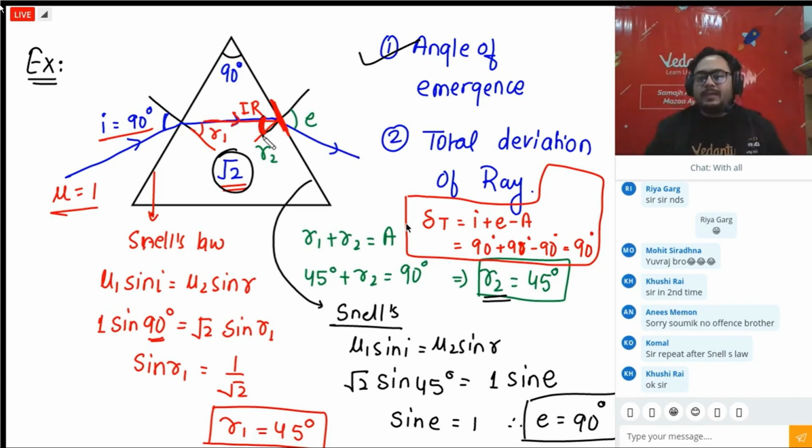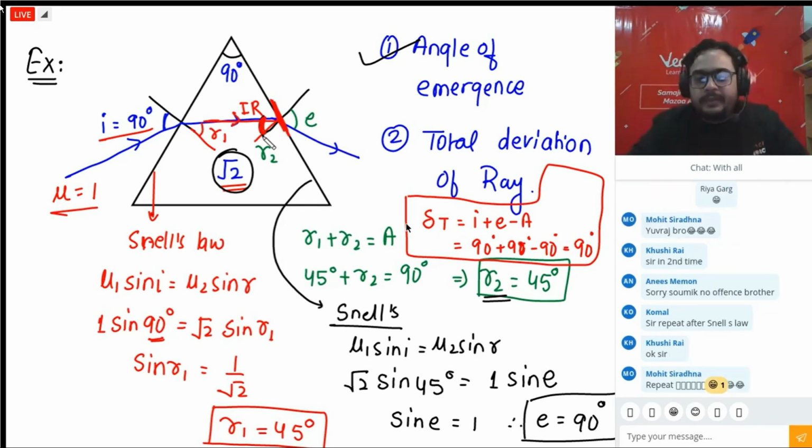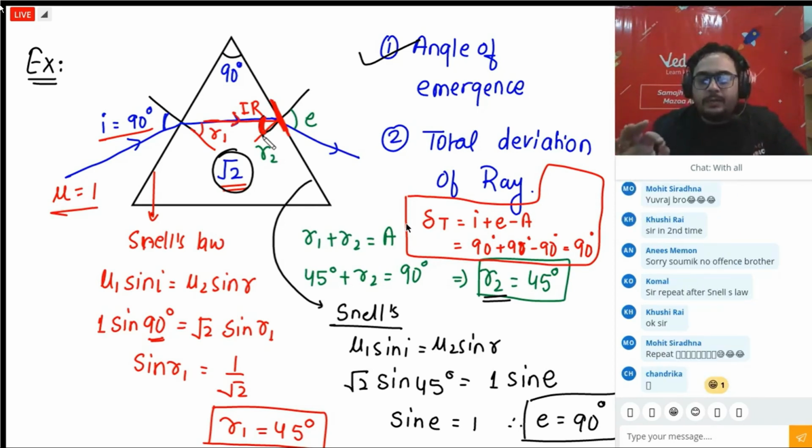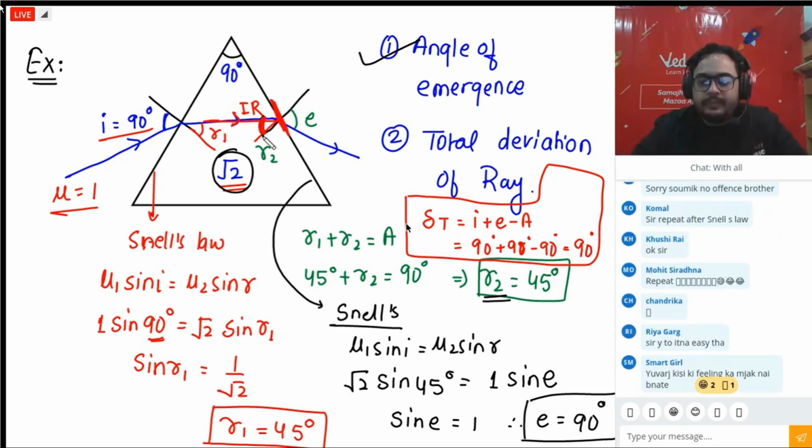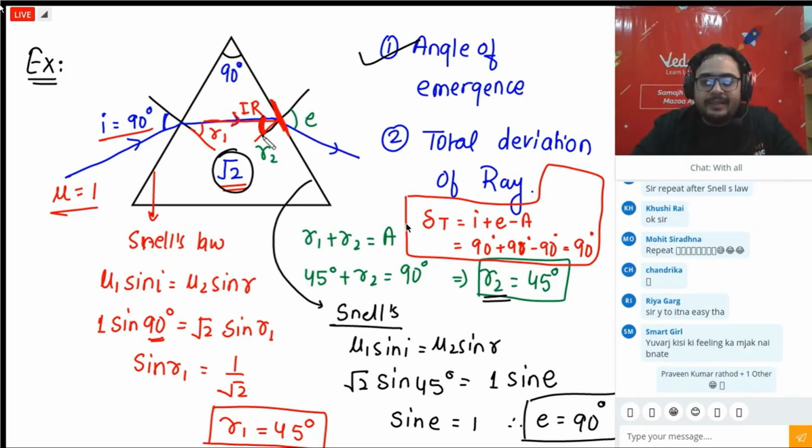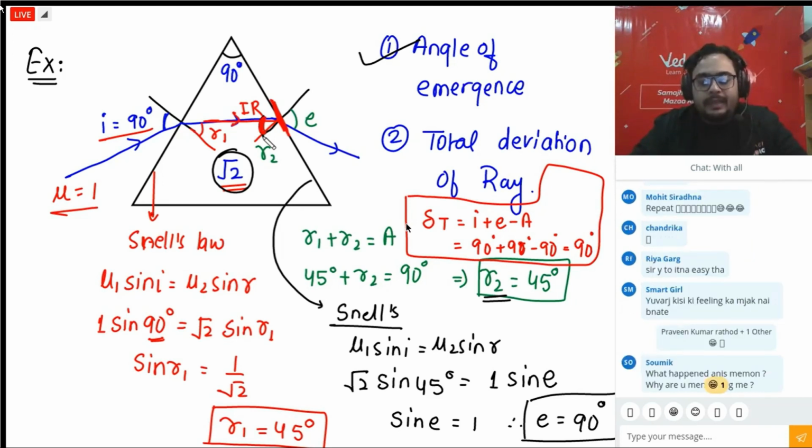Sir, repeat after Snell's law. No. No repeating. Not going to happen. Ask your doubts, whatever is your doubt. It is not so easy to repeat. I cannot repeat. I can give you other examples, that is possible. I will never repeat now.